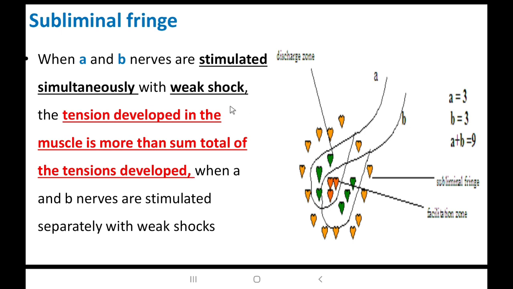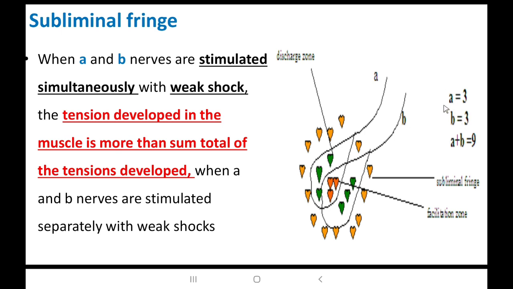Subliminal fringe. It is opposite to occlusion. When A and B nerve fibers are stimulated simultaneously with a weak shock, the tension developed in the muscle is more than the sum total of the tensions developed individually. If A and B are stimulated individually, each nerve stimulates 3 neurons, so 3.